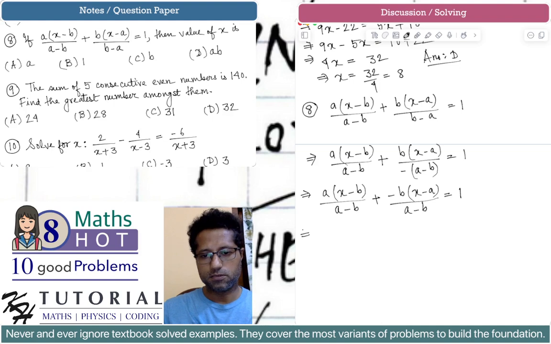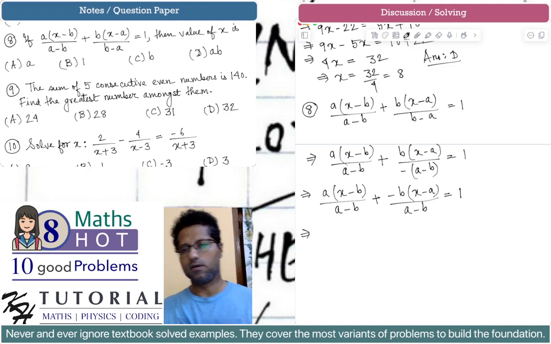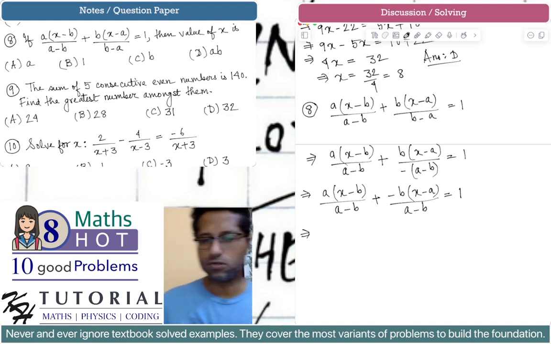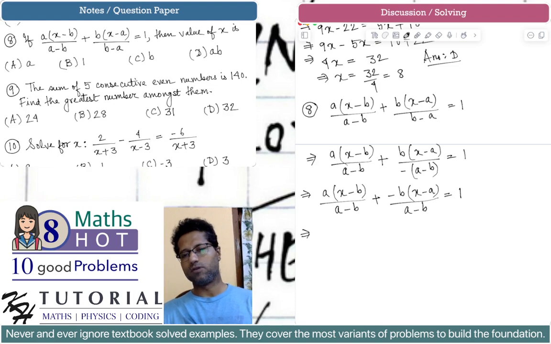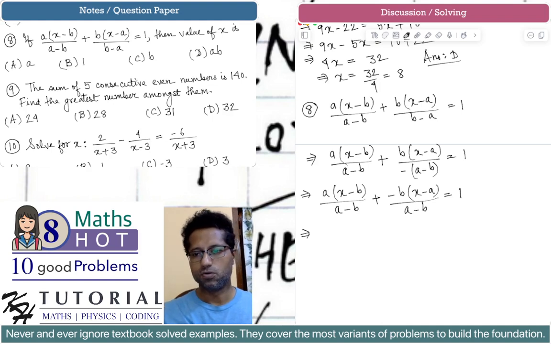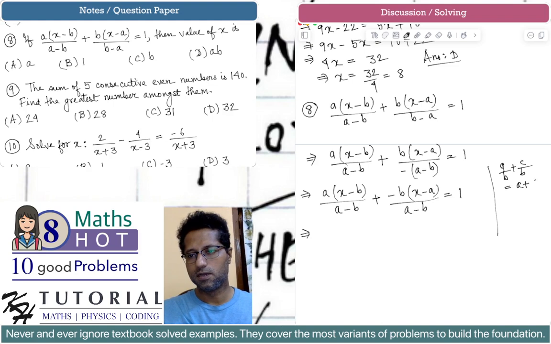Now the LHS is an addition of two rational terms, both having the variable x in the numerator, and the denominators are the same, a minus b. When you add two rational numbers with the same denominator, let's say a by b plus c by b, you just add the two numerators and divide by the common denominator, it becomes a plus c by b.